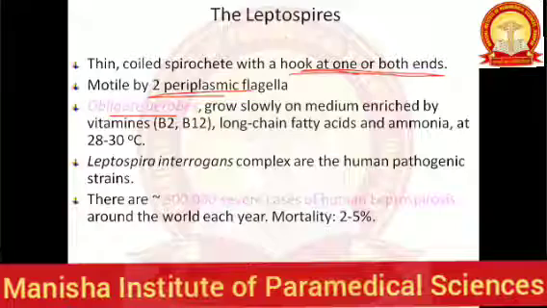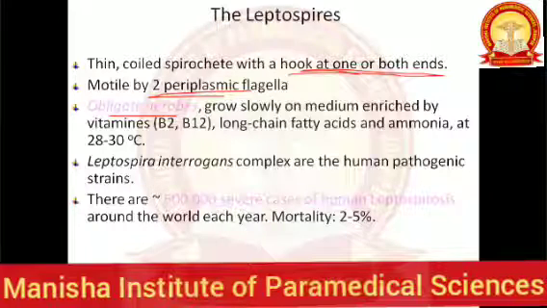They grow slowly on medium enriched by vitamins. They need vitamin B2 and B12 and long chain fatty acids and ammonia for their growth, and they need a temperature of 28 to 30 degrees Celsius throughout the time for their growth purposes. Now, Leptospira interrogans complex are the human pathogenic strains.